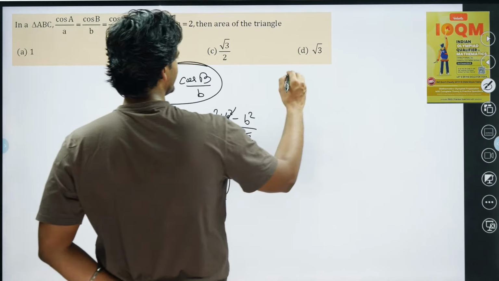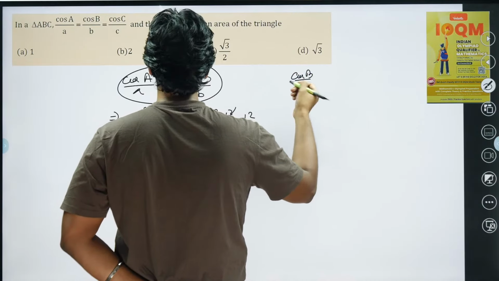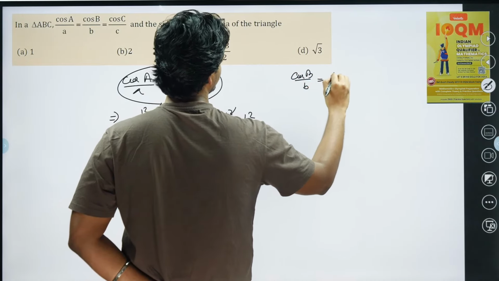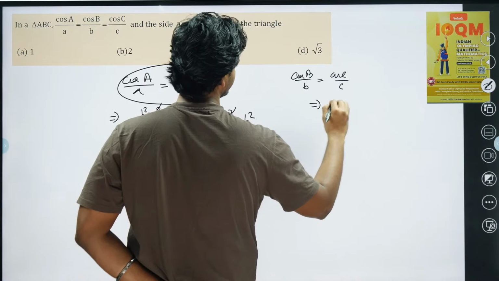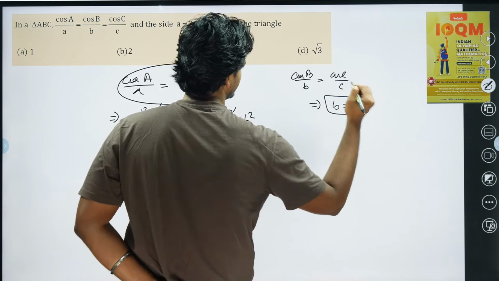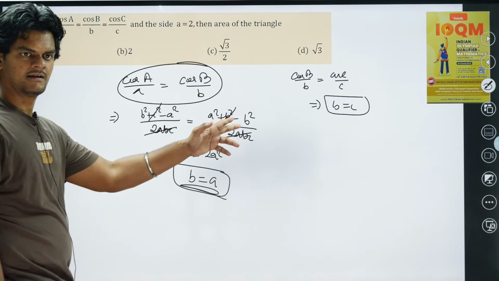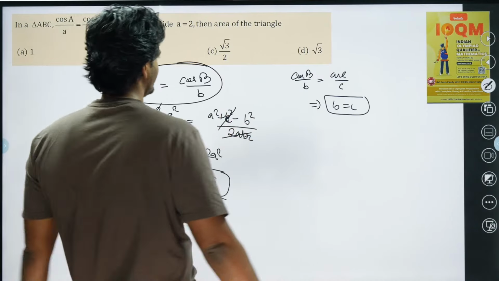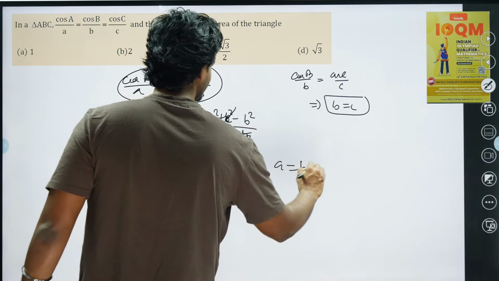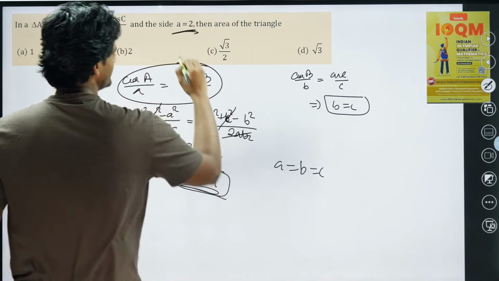In a very similar way, cos B by B is equal to cos C by C should imply B equals C. Right? No problem. So that implies A equals B equals C, and A is given to be 2.